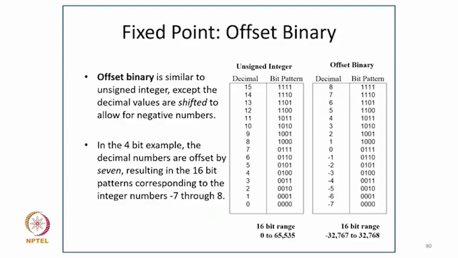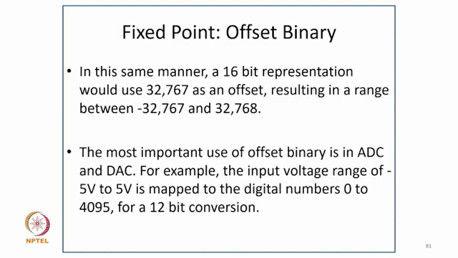Coming to fixed point offset binary, you can see here the unsigned integer and offset binary, typically a 16-bit range. The offset binary is similar to the unsigned integer, except the decimal values are shifted to allow for negative numbers. In the 4-bit example, the decimal numbers are offset by 7, resulting in a 4-bit pattern corresponding to the integer numbers -7 through 8.